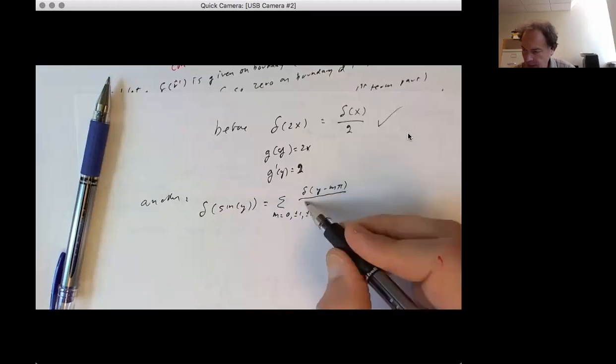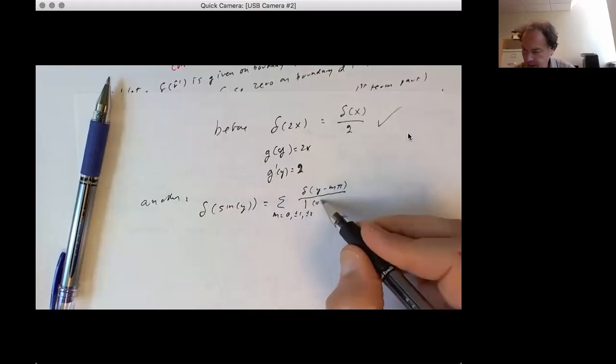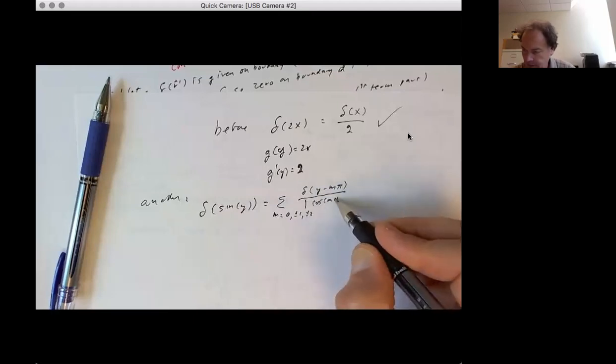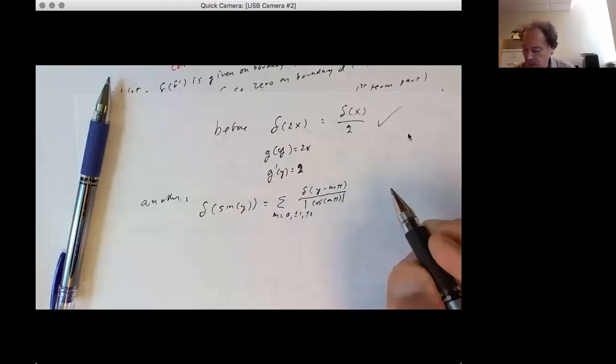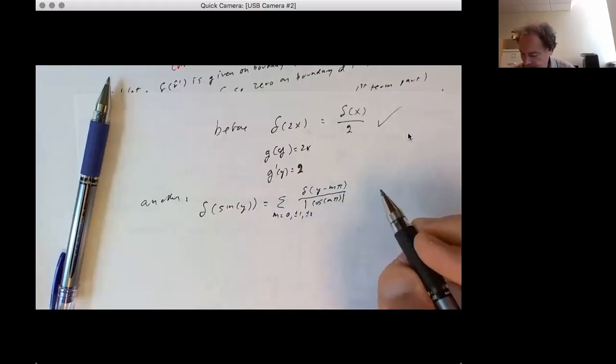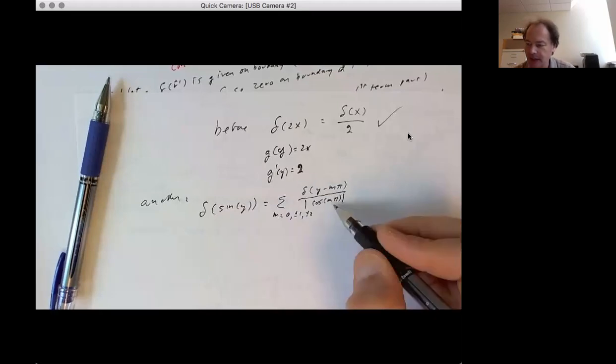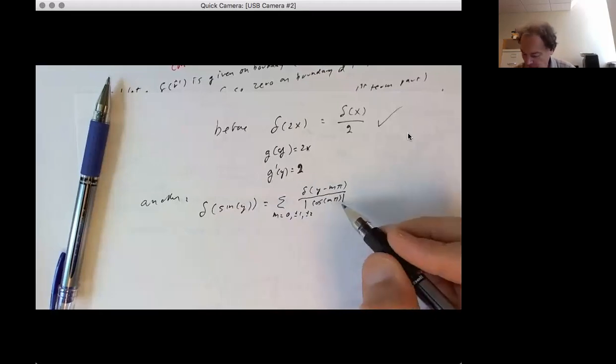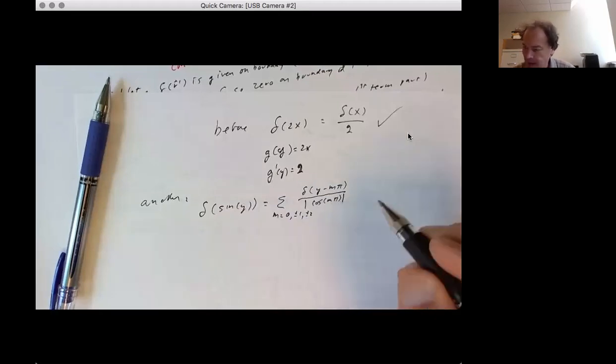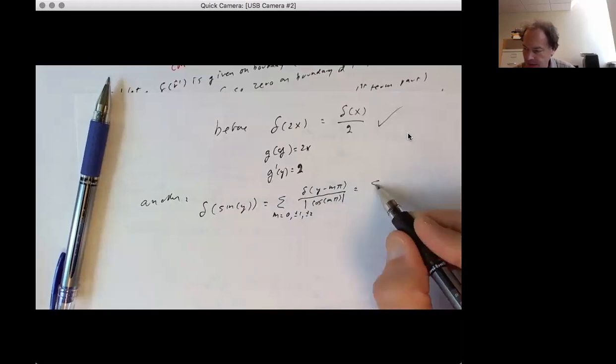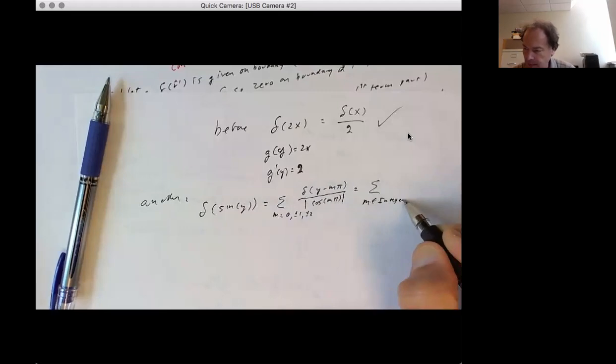The slope in absolute value is cosine of m pi, or some 2 pi equivalent to that. Of course, all those are 1. And so this is equal to the sum over n, an element of the integers, of delta of y minus n pi.